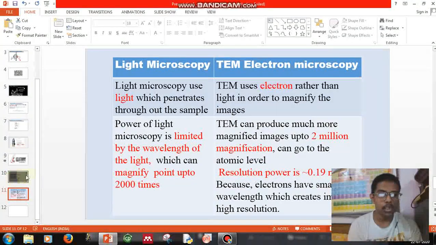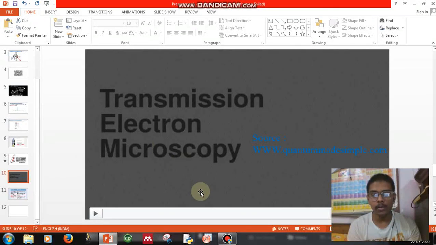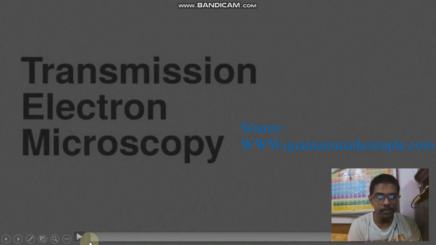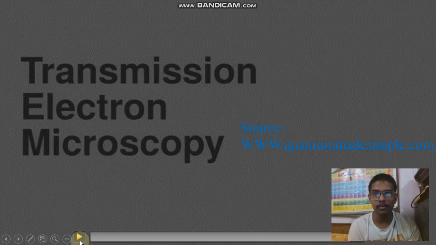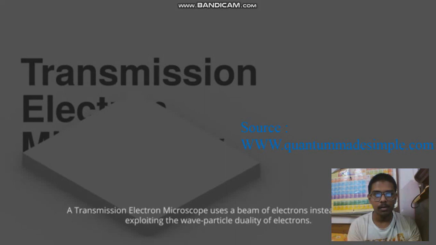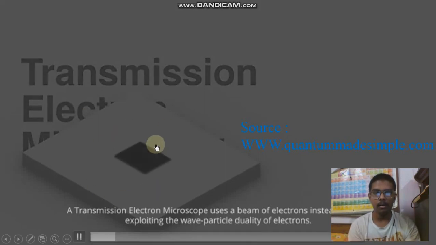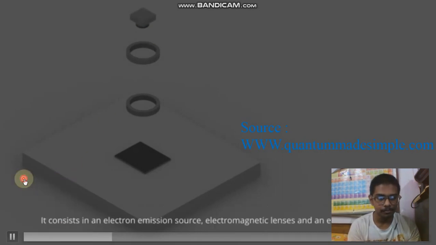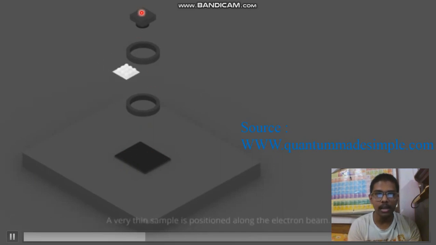Hope you understood all the concepts. Once more I want to give a short description of what is happening in the transmission electron microscope in this video. First, this is the bottom screen, and here you have the lenses. Here is the electron gun and this is the sample.